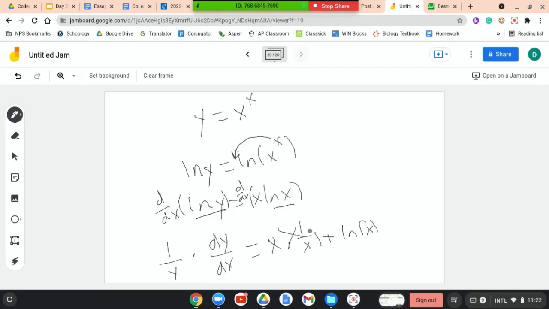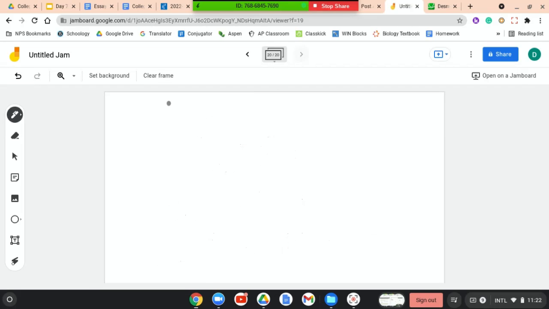All right. So I'll clear it and I'll rewrite what we have. 1 over y times dy over dx equals 1 plus the natural logarithm of x. But y equals x to the x, right? That's what we said at the beginning. So I can replace y with x to the x. 1 over x to the x?